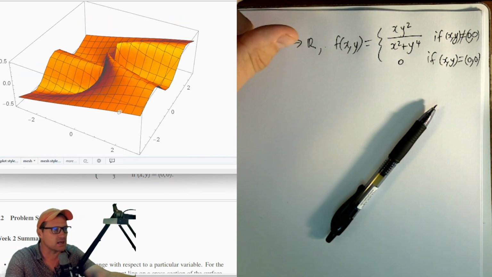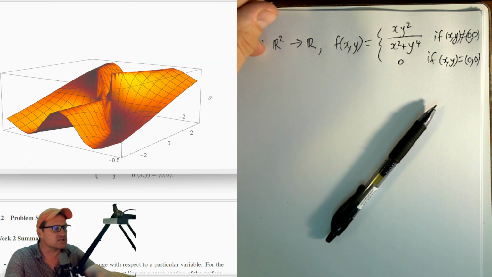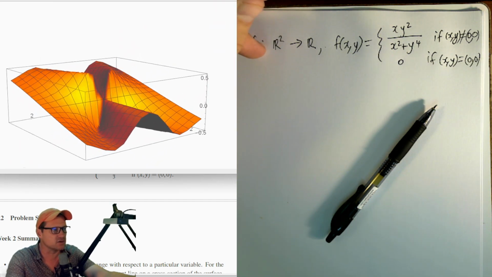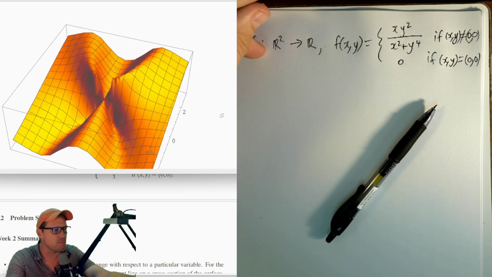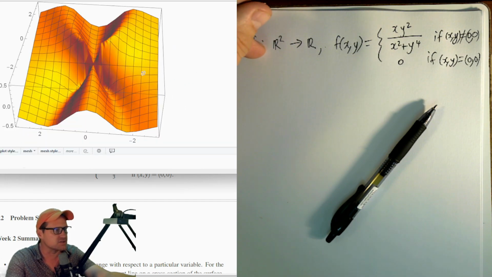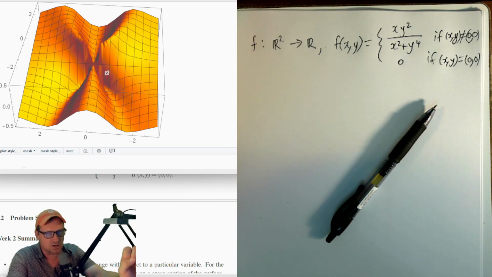Now I will grab it and show you that it possibly looks like along 2 different paths, this ends up in a different place. Okay, so if you come along y equals 0, you end up in one place, but along another path, these don't match up. And it's really hard to see, but you can see it's like a sheet that has been pinched. So Mathematica struggles to show you exactly what's going on here because there's so much dramatic change near 0, 0.